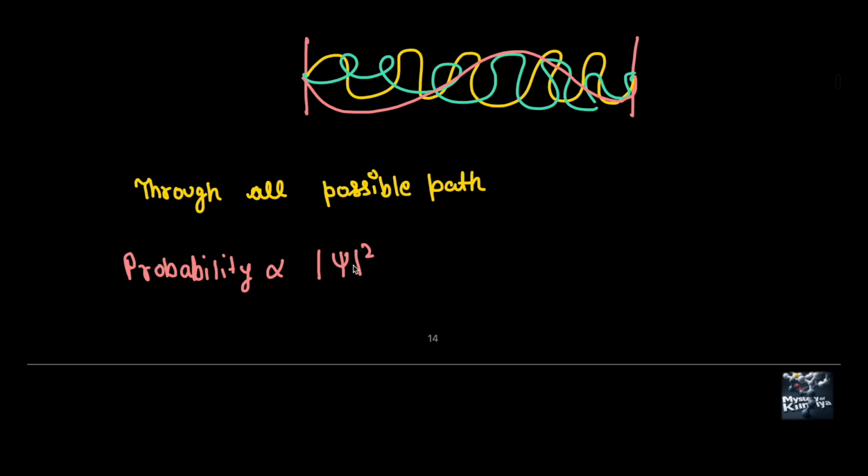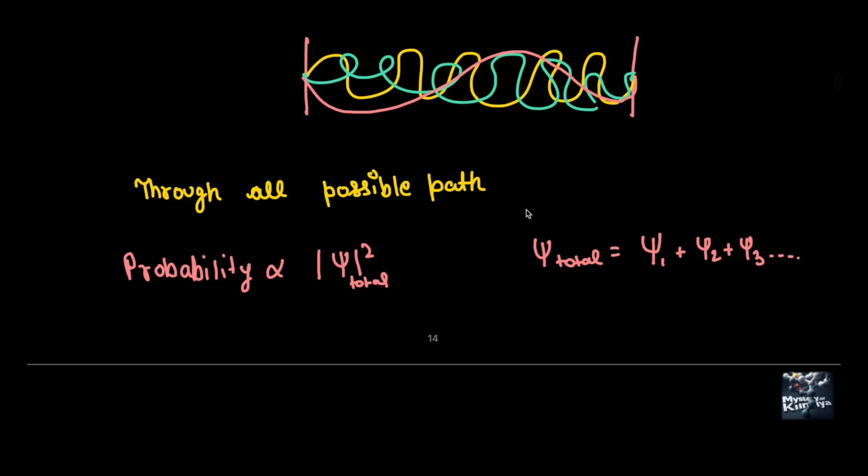But this psi should be the total psi. How can we find the total psi? The total psi would be equal to the sum of the wave functions associated with each path, and so on. But how can I find this psi?